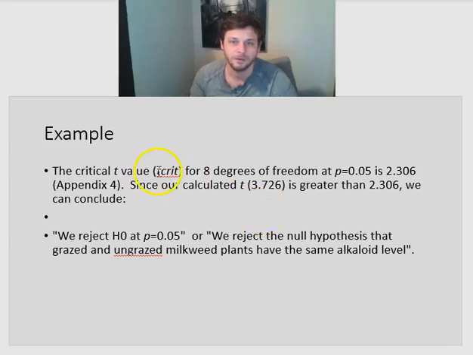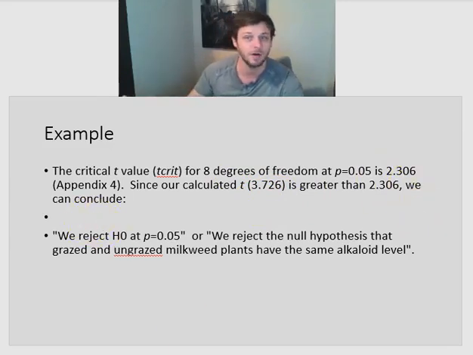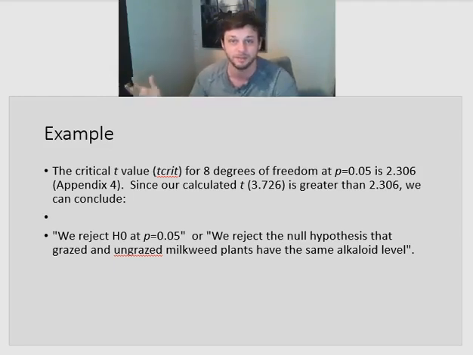So the T-crit for 8 degrees of freedom at 0.05 is 2.36. Our T-calculated was 3.726. So our calculated is greater than our T-crit, so we reject the null hypothesis. So we're saying that there is a difference between these two groups.